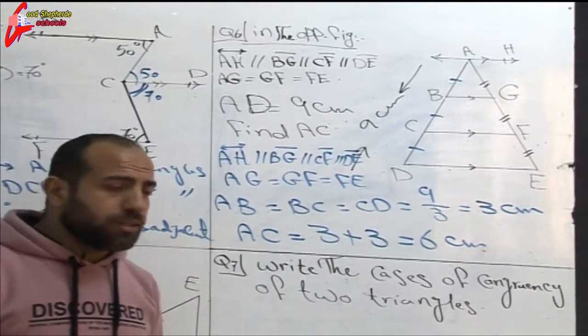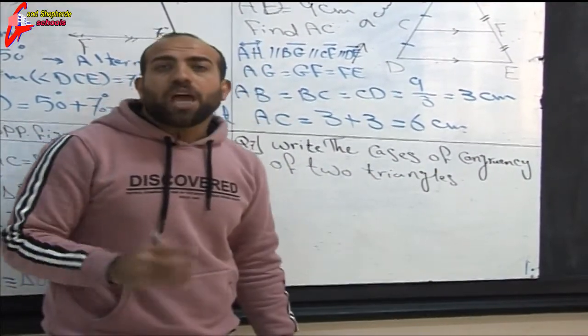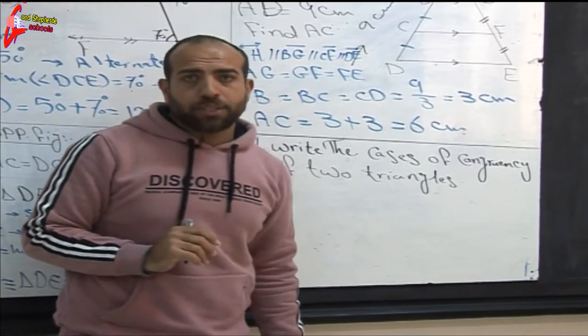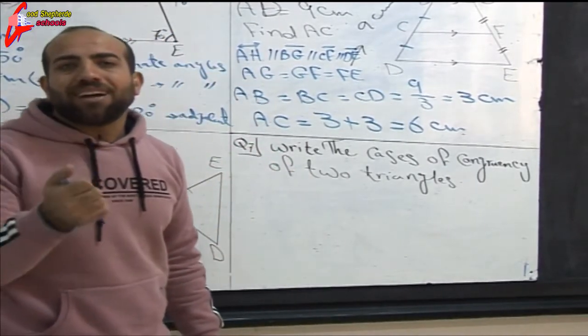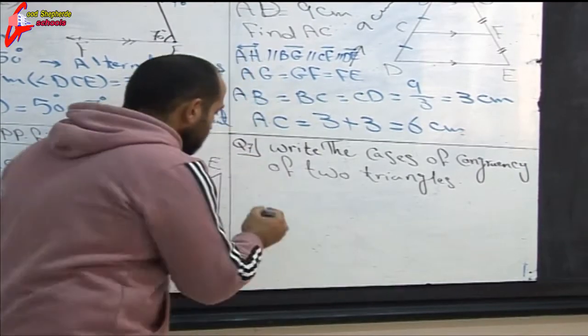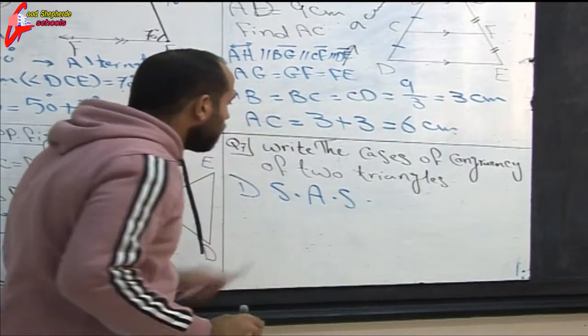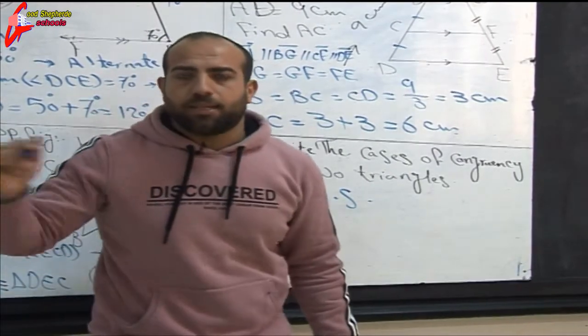Question number 7. Write the cases of congruency of two triangles. We have 4 cases of congruency. Case number 1, side, angle, side: 2 sides and the included angle. And you can write symbols only. Side, angle, side, SAS.